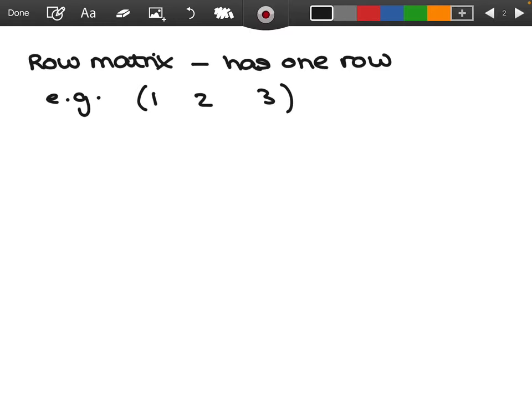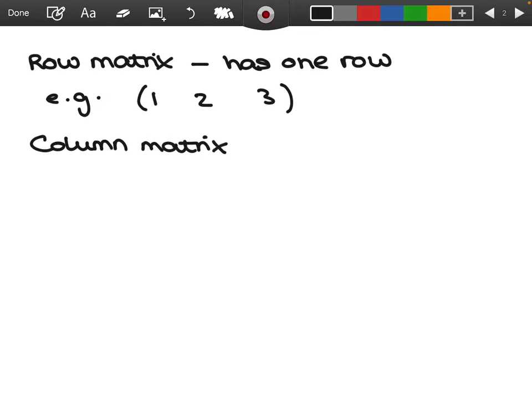Don't put commas or anything between each of the entries, especially when you've got a row matrix. People tend to try to do that to make it look like a pairing or something weird like that. Don't do that. Just make each entry its own thing, and don't put any commas between them. But this is called a row matrix. You can have as many columns as you like, one or however many. It doesn't matter, but this is a row matrix.